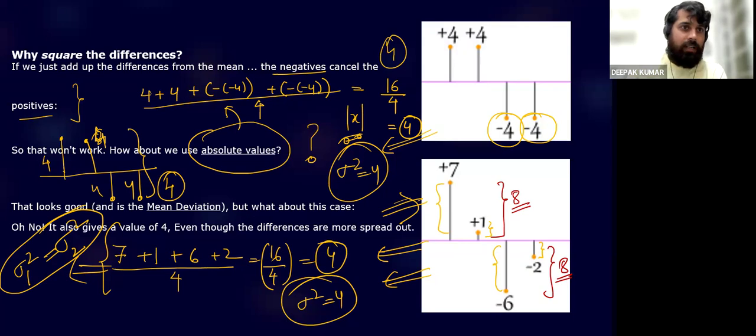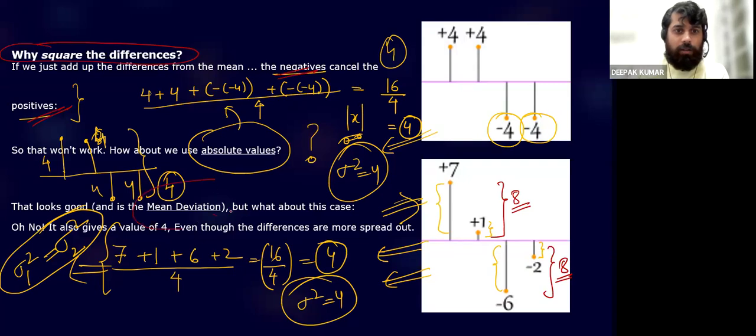Why are we discussing it? Because we started with the situation of why we took the squared difference. Why did the negative and positive not work well, and why is the mean deviation not working well?